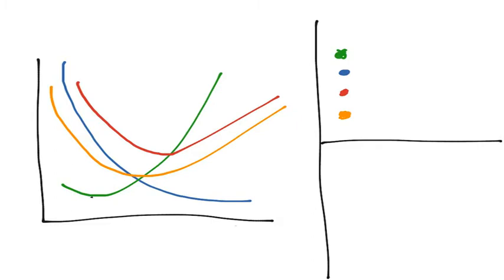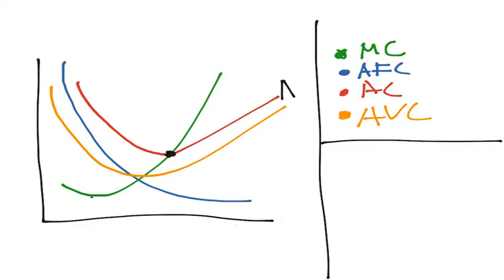So first of all, you know the blue one is definitely the average fixed cost. The green one is definitely the marginal cost. The red one is definitely average cost, and the yellow one is definitely average variable cost.